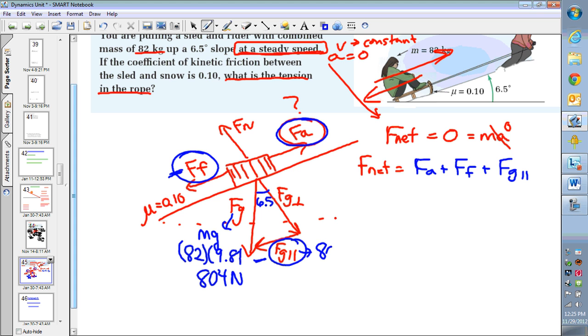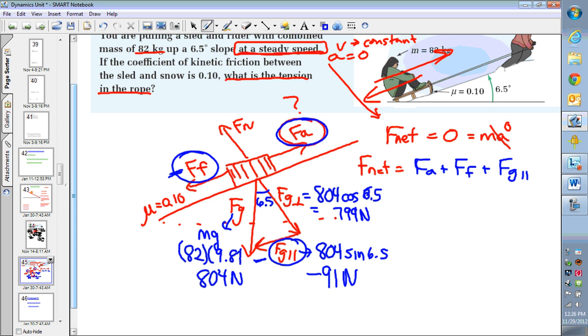So it's 804 times sine 6.5. So this is a smaller number. It's 91 newtons. That's down the plane. We're going to need the perpendicular one, so we might as well do it right now while we're here. That's 804 cos 6.5. So the perpendicular component is 799 newtons.